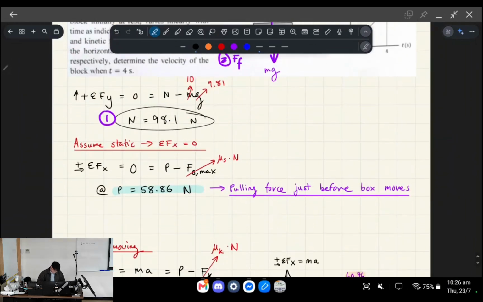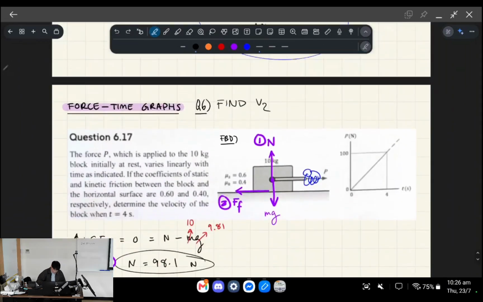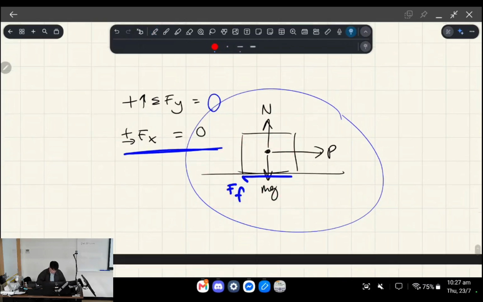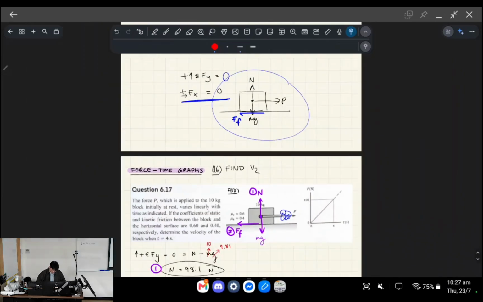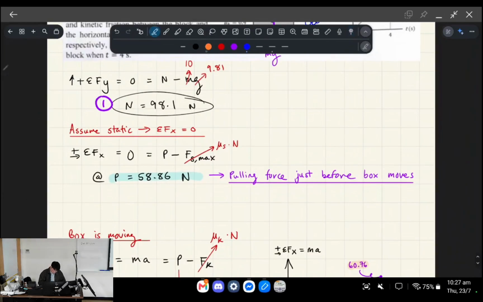Okay, next, we have to assume the horizontal forces are static, and so the sum is 0. The reason we do this is we want to find the max amount of friction that can be applied before the box starts moving. So we're interested in the static friction threshold.